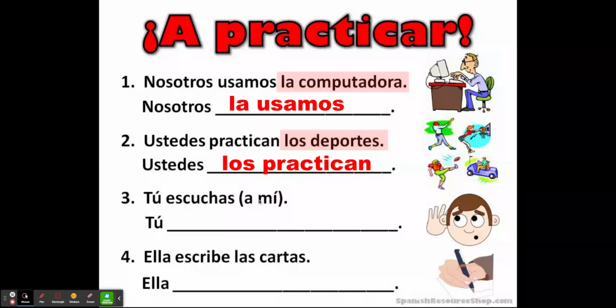A mí. So, a mí, you replace it with me. Me escuchas. Ella escribe las cartas. What does she write? Letters. Las cartas. Easy. Las. There you go.